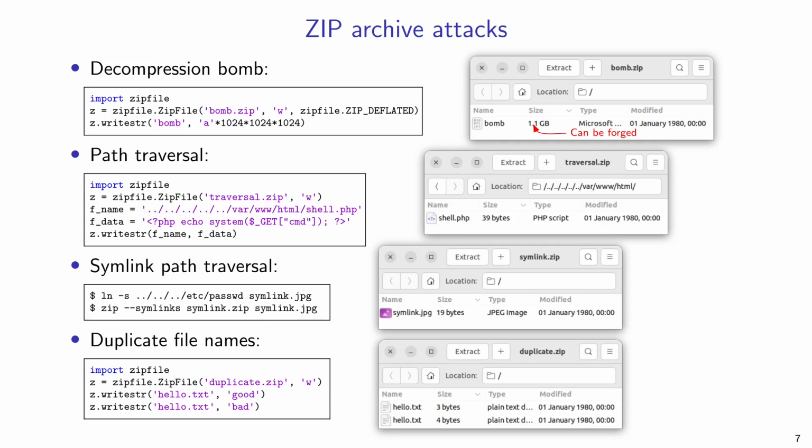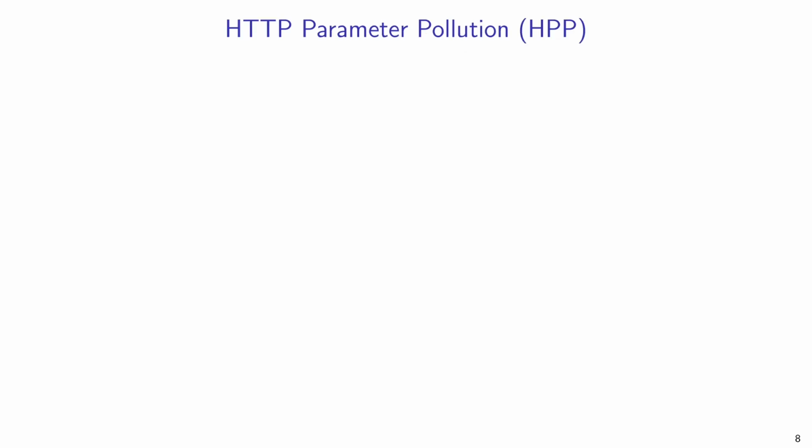This kind of logic flow is not just limited to zip archives. The same principles apply in any context where the uniqueness of a data identifier is not guaranteed. And therefore, this is a very good place to discuss the HTTP parameter pollution technique, which exploits non-uniqueness in HTTP request parameters.